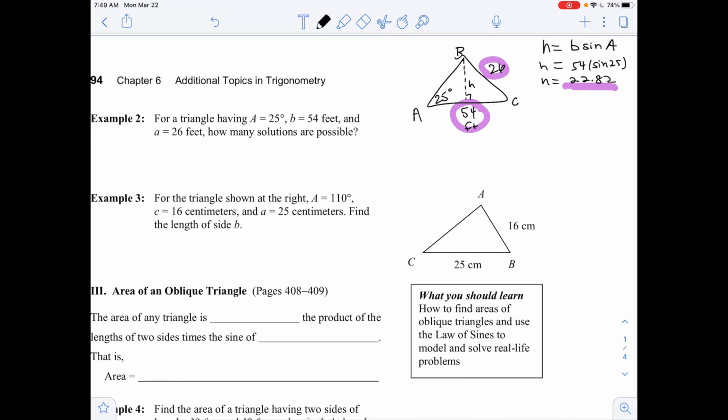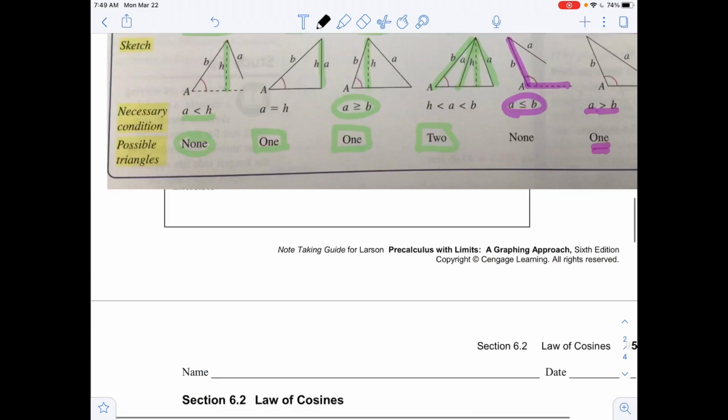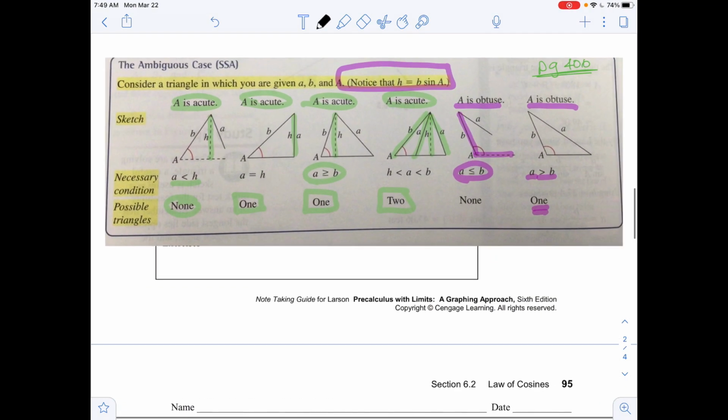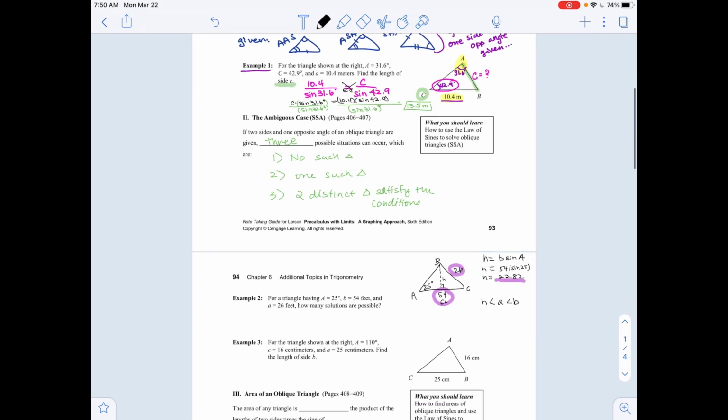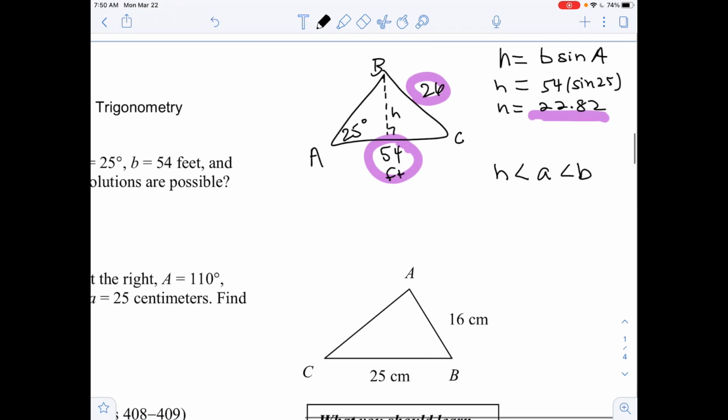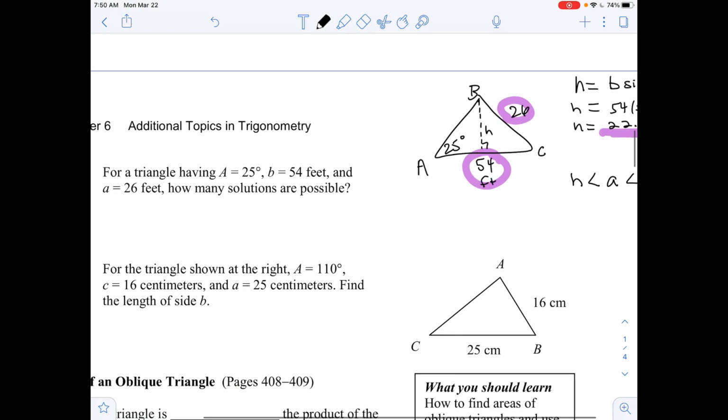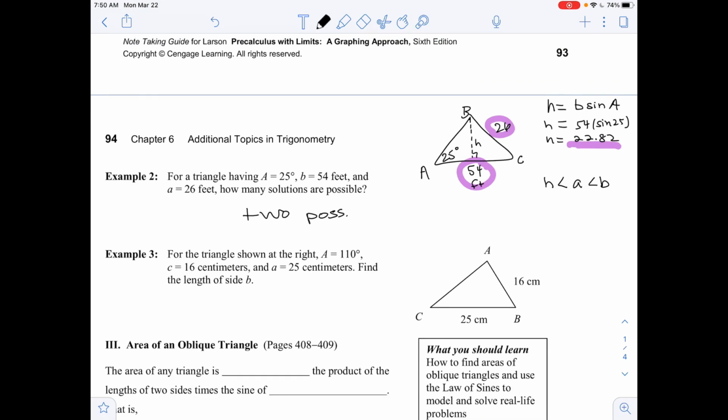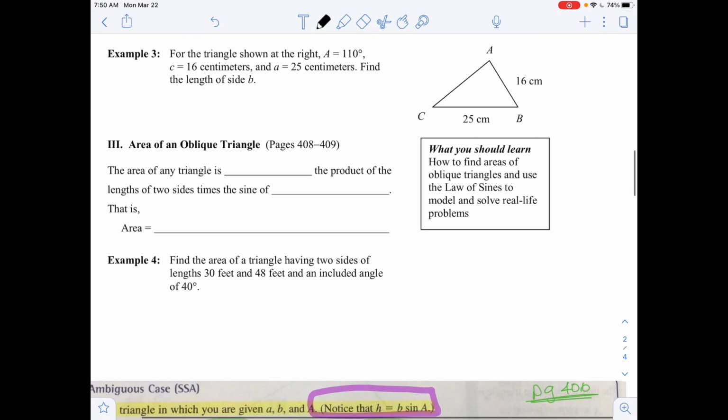That tells me that H is less than A, which is less than B. If I look at my chart, H less than A less than B tells me there are 2 options here. So I know that there are 2 possible solutions.